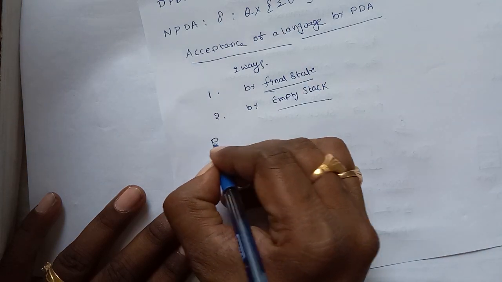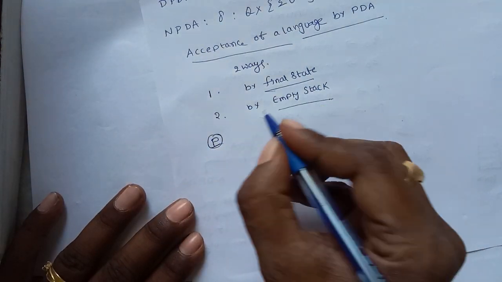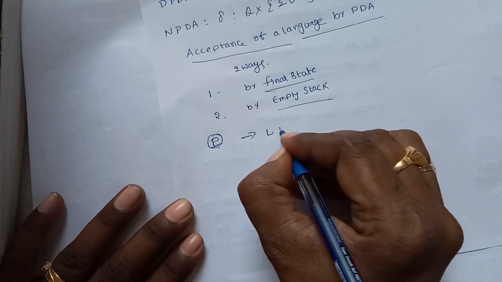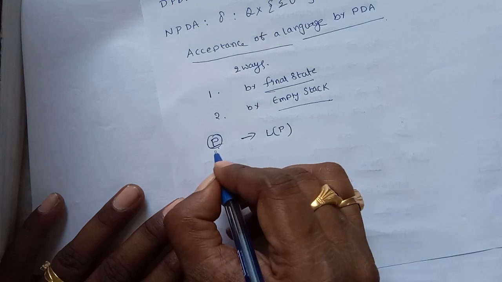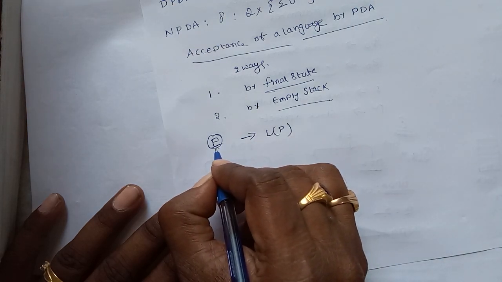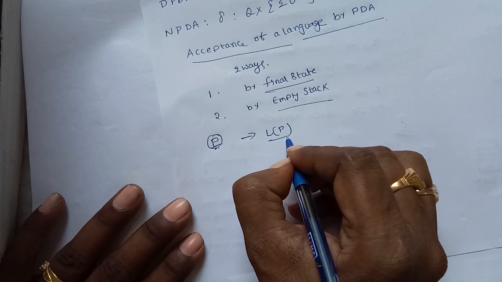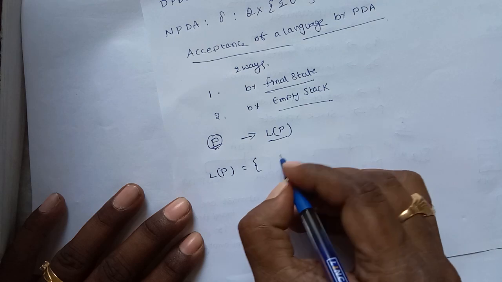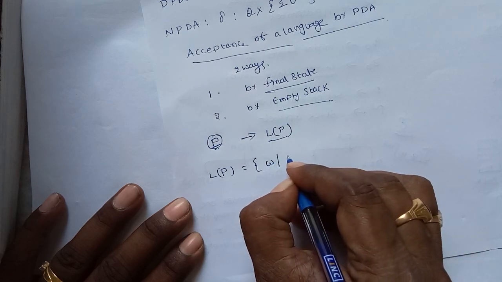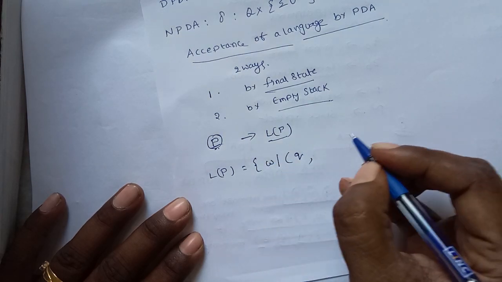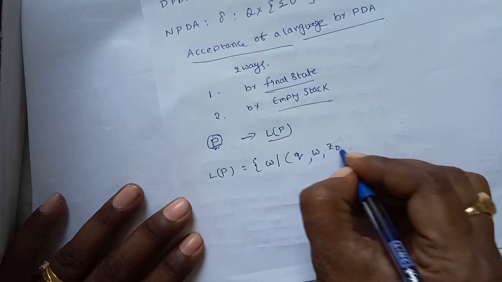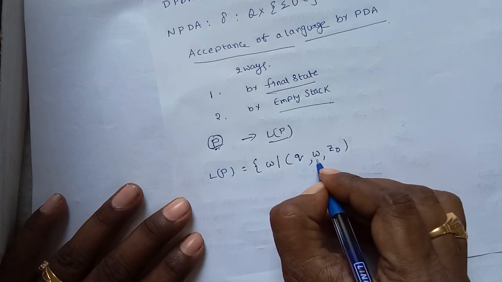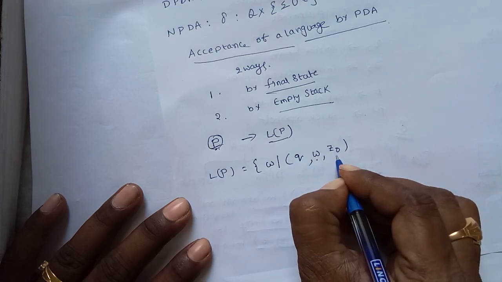For example, if a pushdown automata P is taken, the language accepted by the pushdown automata is L of P. The language is represented as L of P is equal to W such that Q W Z0. Suppose on some state Q, W is some input string, and the stack symbol is Z0.